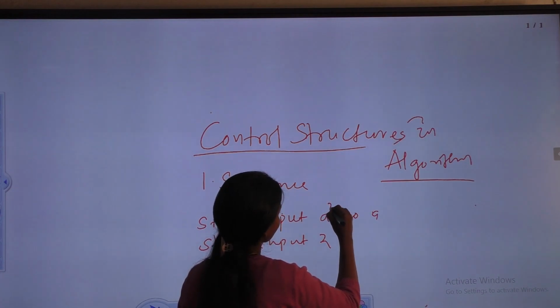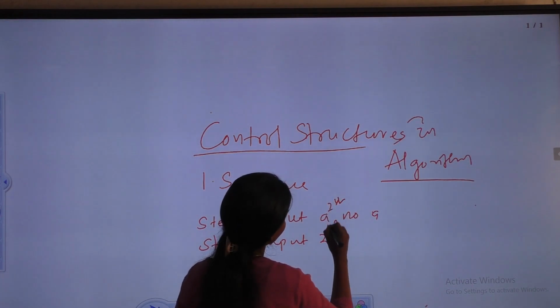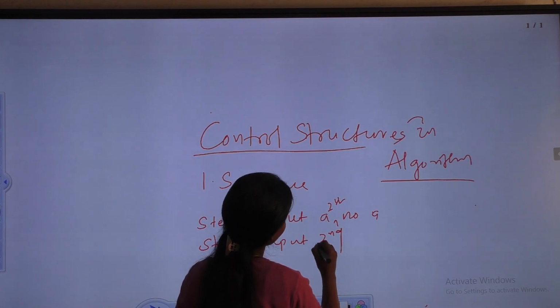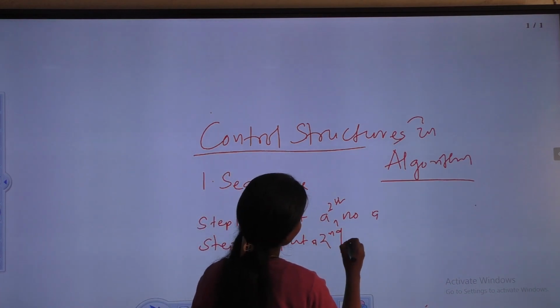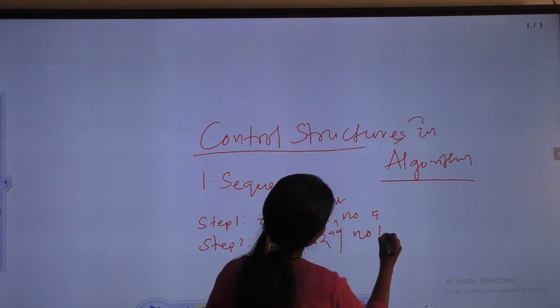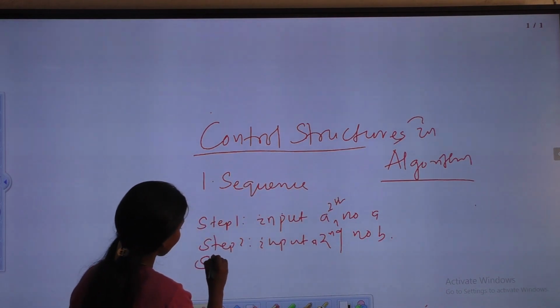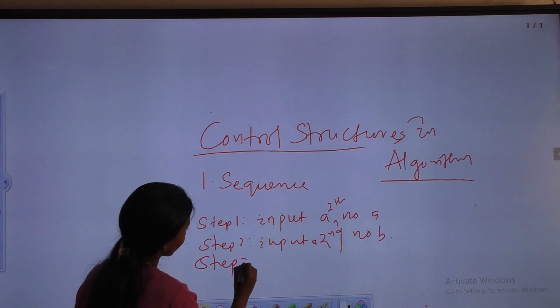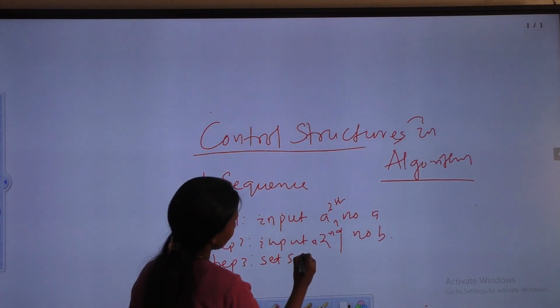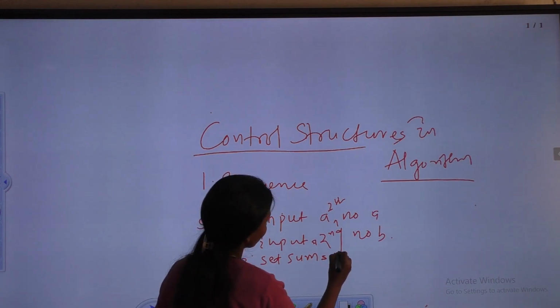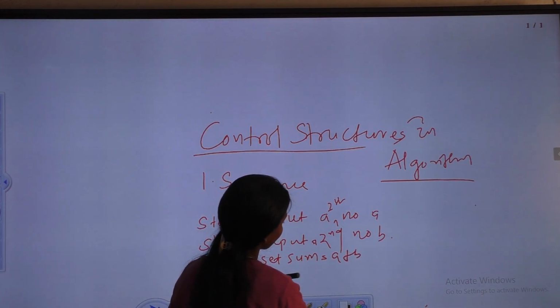Suppose write here first number, this is the second number. Input a second number, that is B. Now step 3: set sum equal to A plus B.